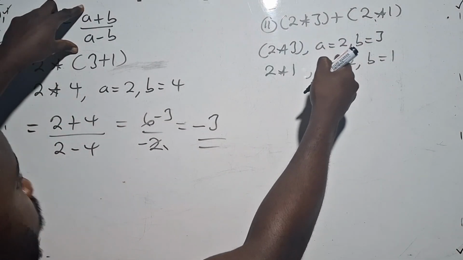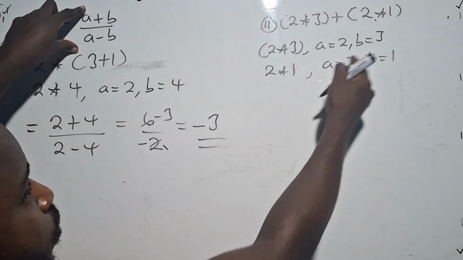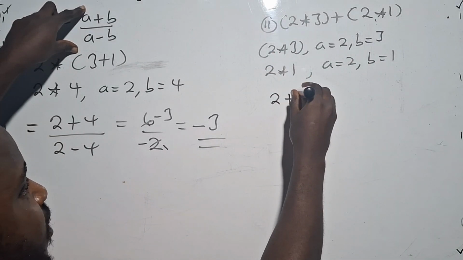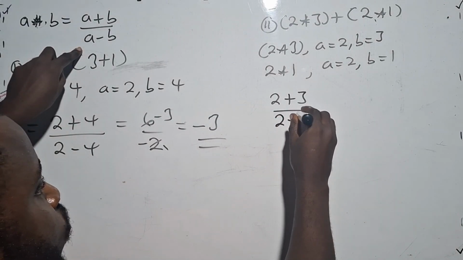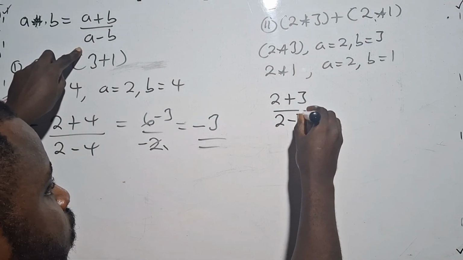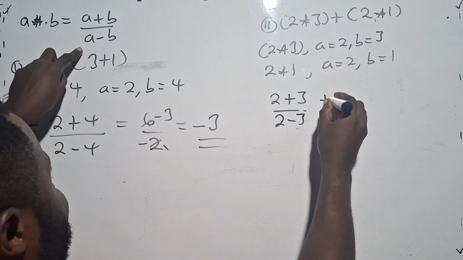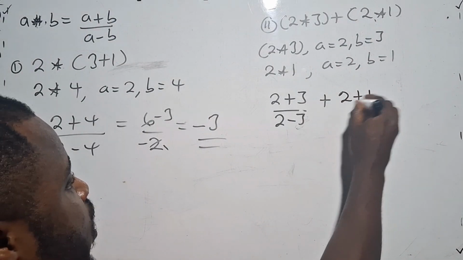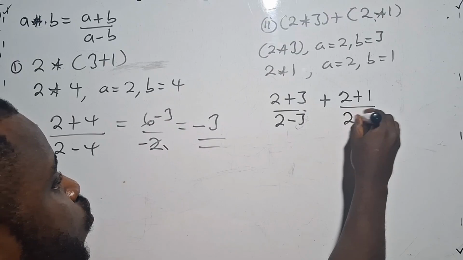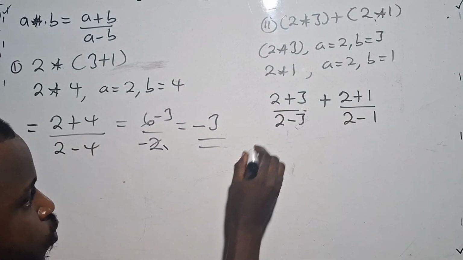So the first one, A plus B, which will be 2 plus 3, all over A minus B, 2 minus 3, then plus 2 operation 1, which is 2 plus 1, all over 2 minus 1. So follow closely.